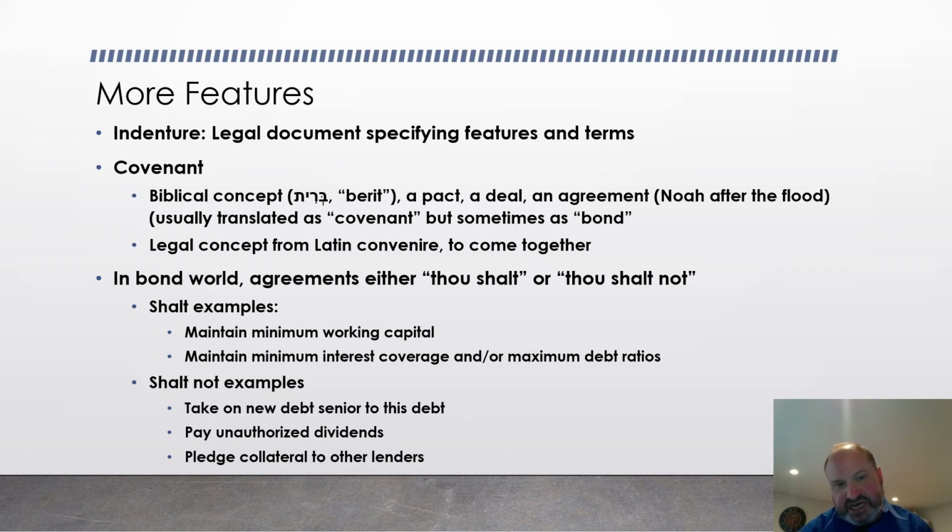Okay. Now, the shalt not type examples basically say, okay, you can't pledge collateral to somebody else. That's my collateral. Or even if I didn't have that collateral, you can't just give it to somebody else because that weakens me if I've already loaned you money. And you can't pay dividends unless I say it's okay, having loaned you money. You can't borrow more money that gets paid before I get paid unless I say it's okay.